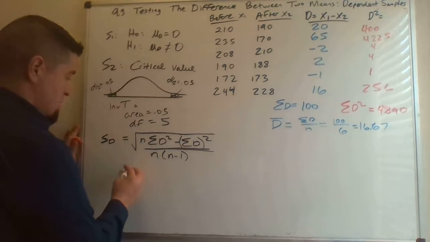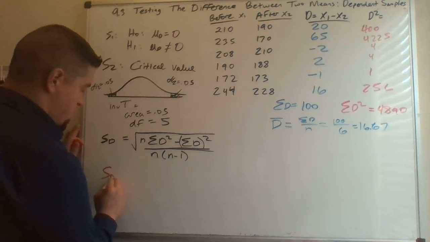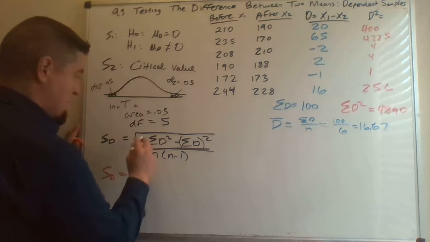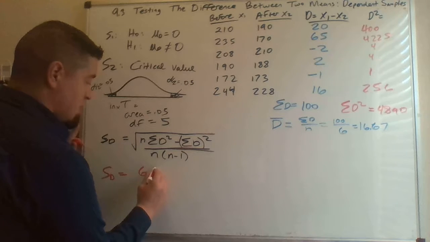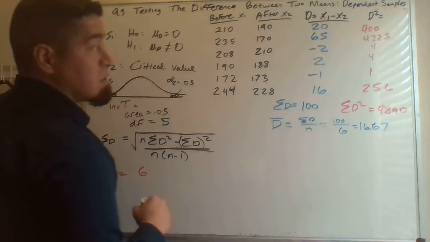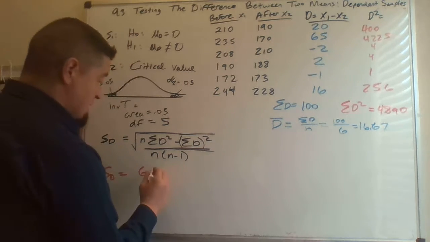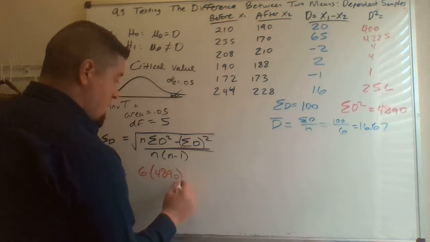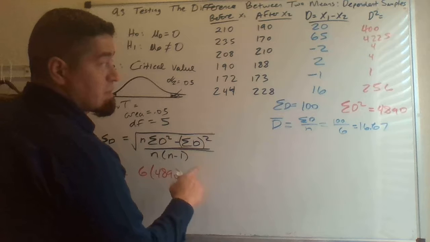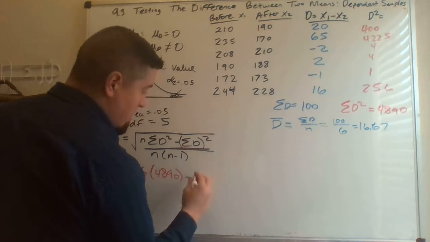Now time to substitute. So n is 6, the sample size, times the sum of our differences squared, which we found to be 4890. 6 times 4890 minus the sum of our differences, which is 100, and then squared.